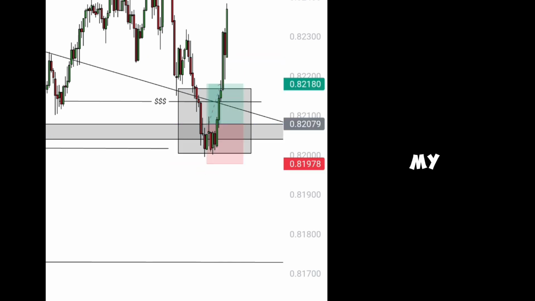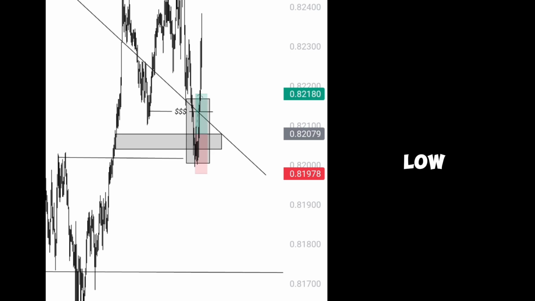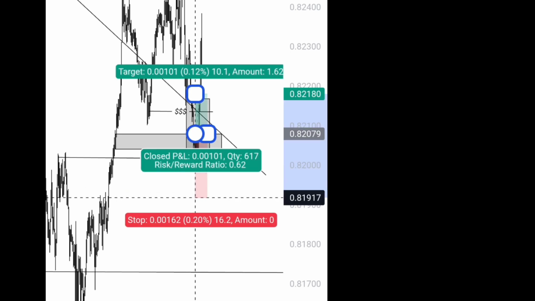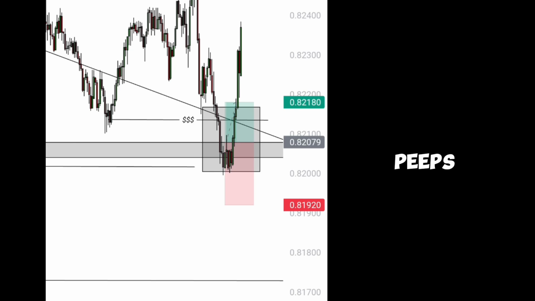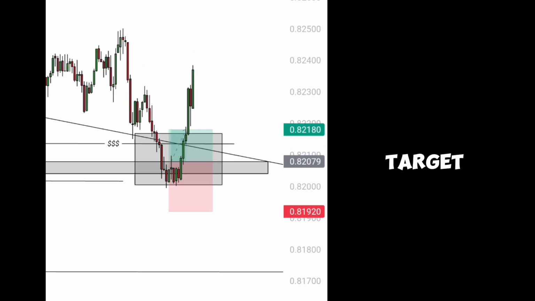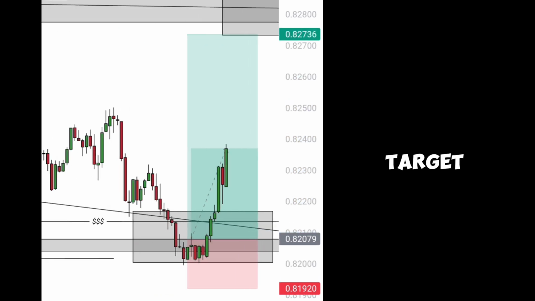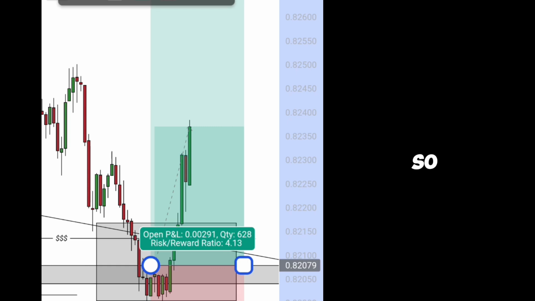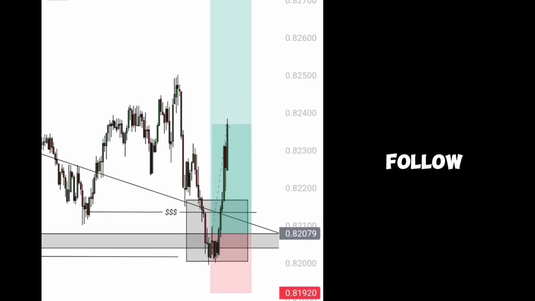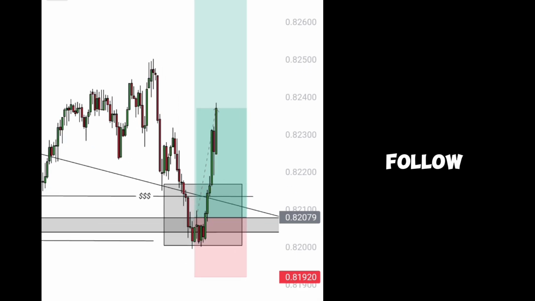And then of course my stop loss would be considerably low, 16 pips, 15 pips, and then I target the high right there. Remember, this is my target. Okay, so this is exactly how you follow the trend.